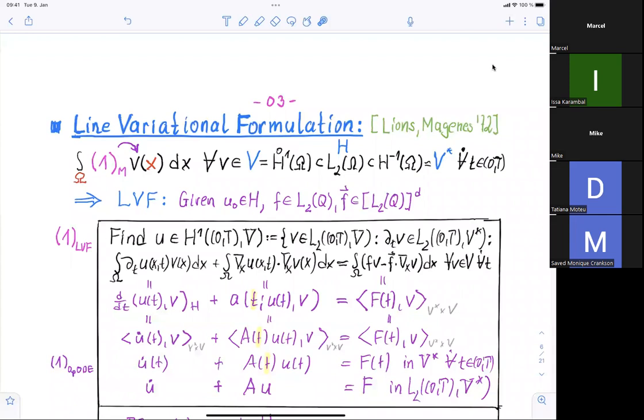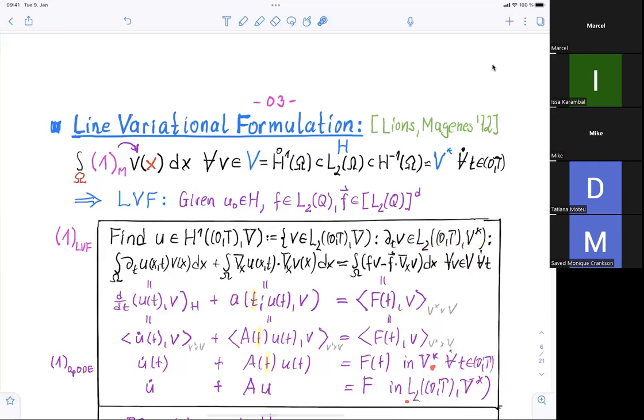That means that the time derivative belongs to the adjoint space. So the time derivative belongs to the adjoint space, this is L2(0,T; H minus 1(Omega)). Okay, so then I can write this for almost all t in this adjoint space.